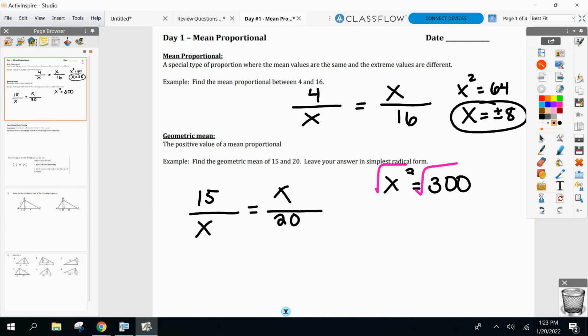And again, this unit's going to be heavy algebra. Most of my answers are going to be required to be in simplest radical form. So I'm asking you to break down 300. Find the biggest perfect square that goes into 300.